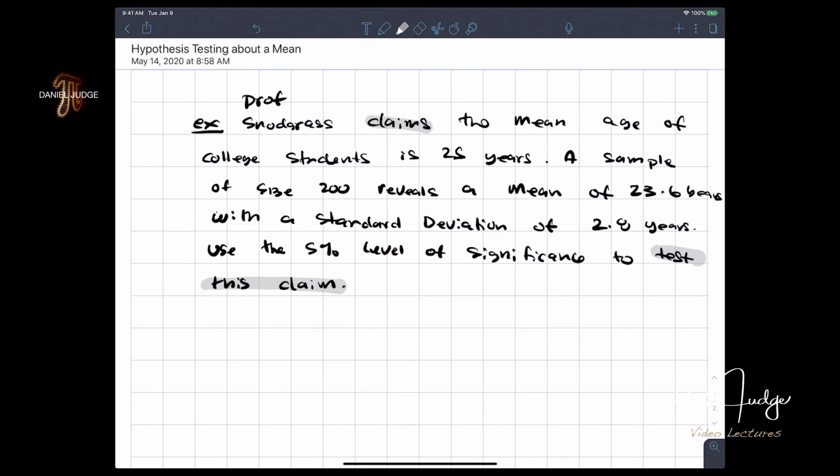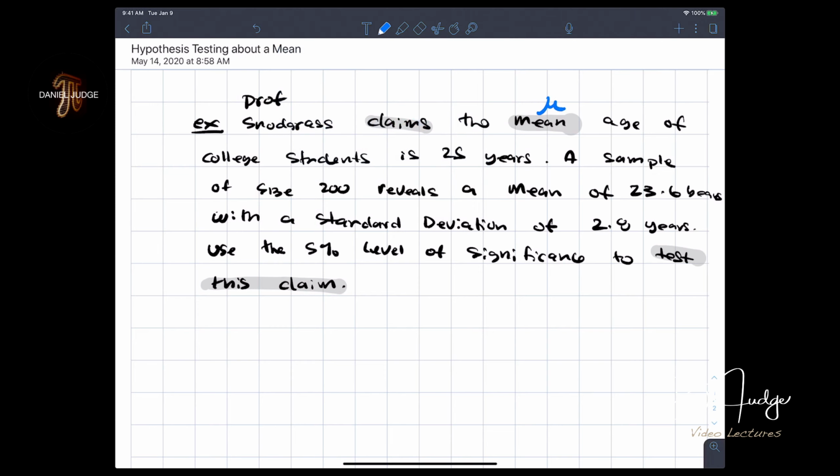Now that you know it's a hypothesis testing question, what's the parameter? What parameter are they testing here? Read this again: Professor Snodgrass claims that the mean. That's the parameter.